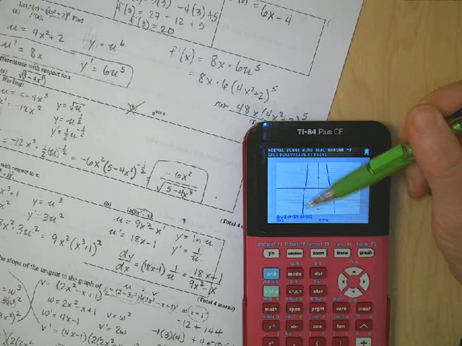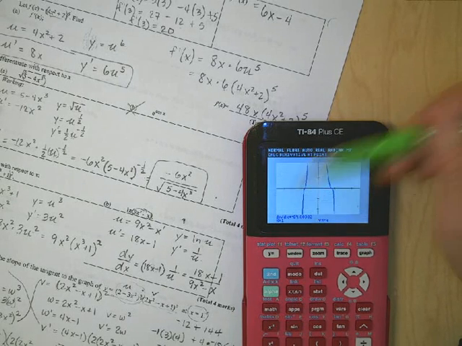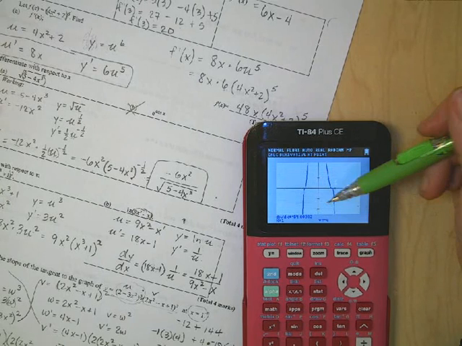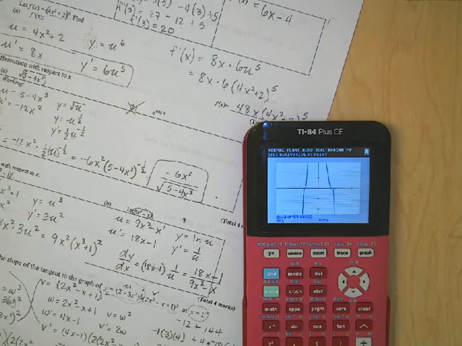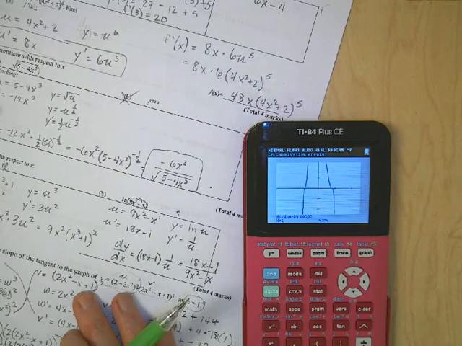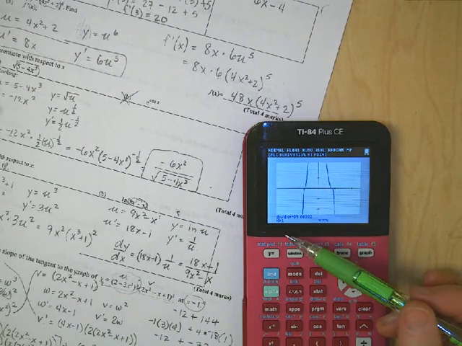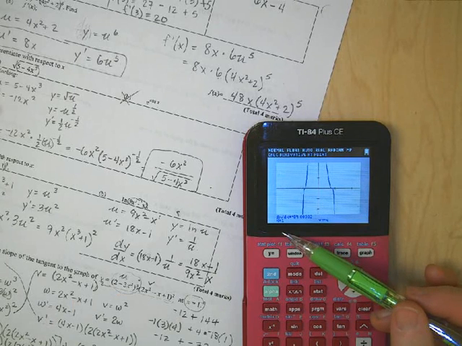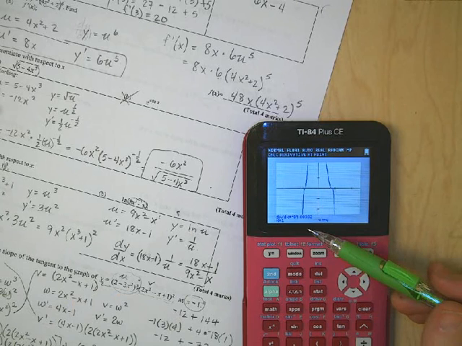And notice it has 0.00302. That's because the calculator is actually calculating using the first principles derivative. It's using that formula. It's not actually doing the entire derivative using the shortcuts like we did. What it's doing is it's taking a point at x equals 1 on the graph, and it's finding another point really, really close to it, and it's actually manually calculating the slope between those 2 points.